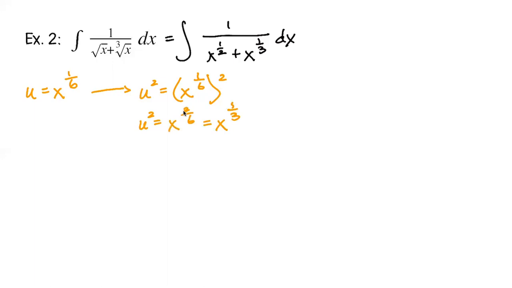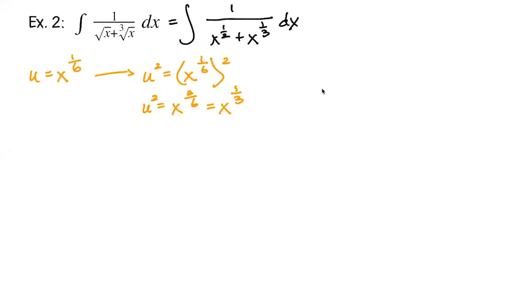So by picking a different u, I can actually call x to the 1/3 u squared, okay? So u squared is gonna go in the place of this x to the 1/3.